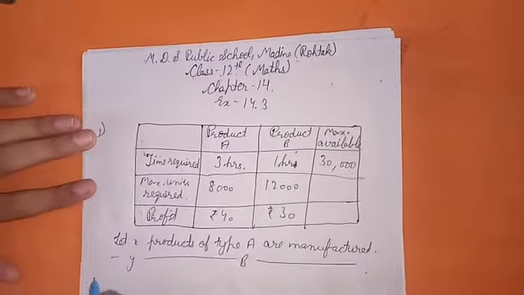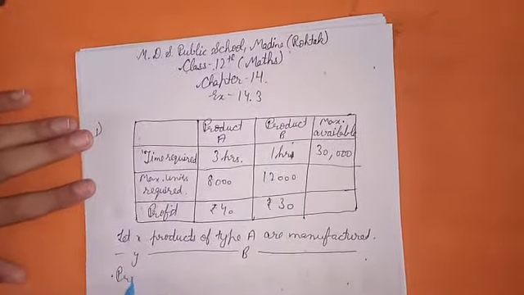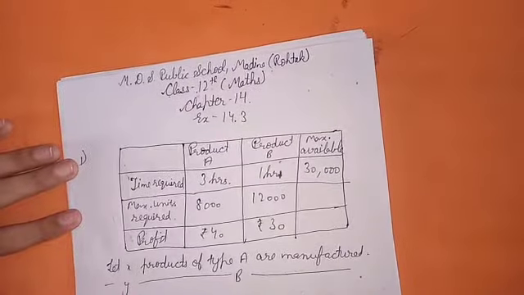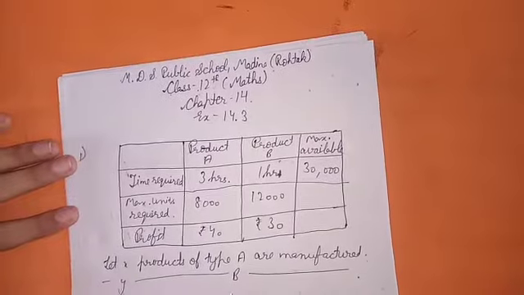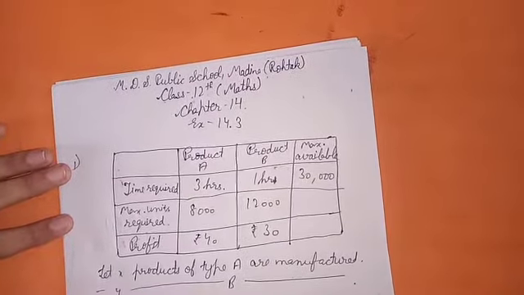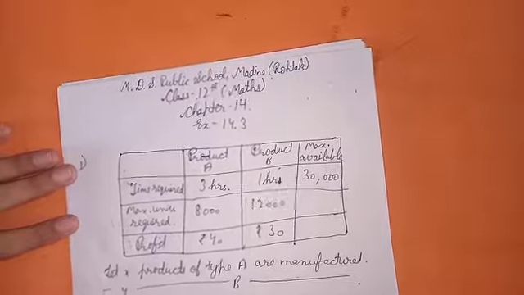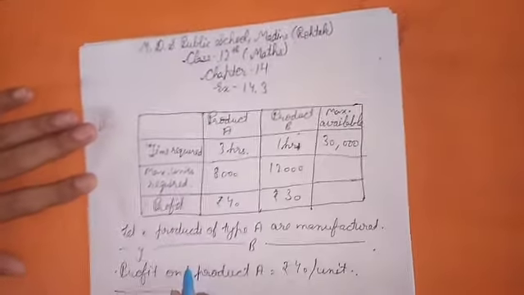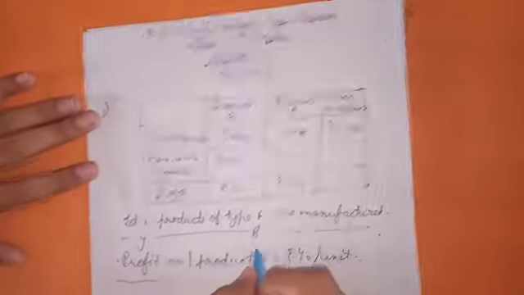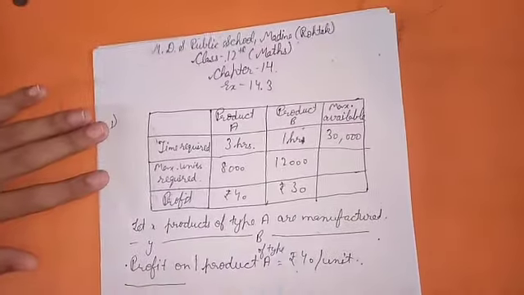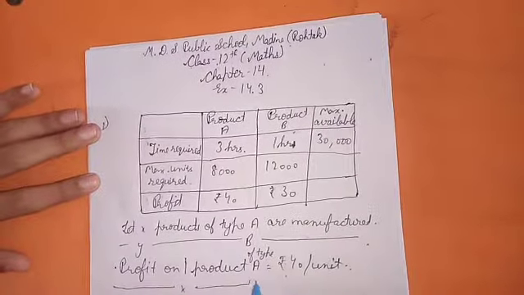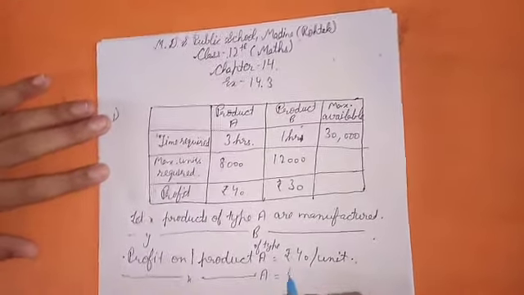So profit on product A is what? Rupees 40 per unit. Profit on one product of type A, we can say. Profit on x products of type A will be rupees 40x.